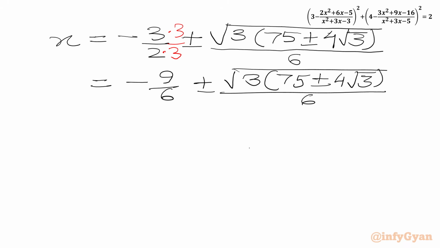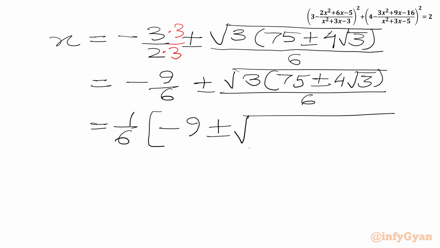Now we'll take 6 common from the denominator. So I can write 1 over 6 here, and in bracket we can write minus 9 plus minus square root of 3 times in bracket 75 plus minus 4 square root 3.